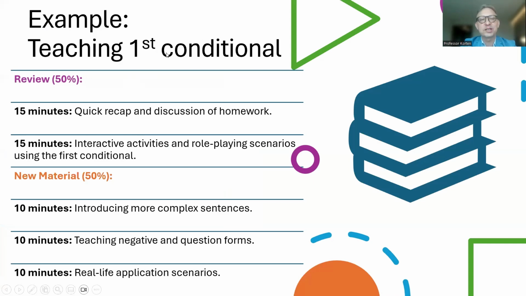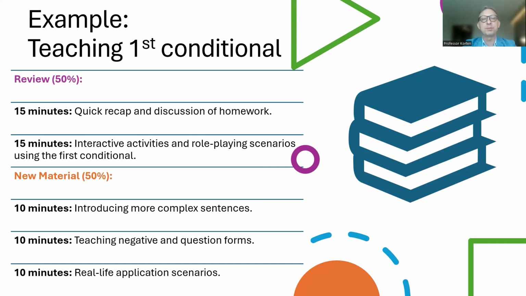I'll just use the first conditional. We can do anything, actually. We do a quick recap and discussion of the homework that you gave the previous day on the first conditional. Let's just say 15 minutes. Keep the numbers simple. We do some interactive activities and role-playing scenarios using the first conditional that we already learned yesterday, but now we're doing it in a role-playing scenario where they're much more independent.